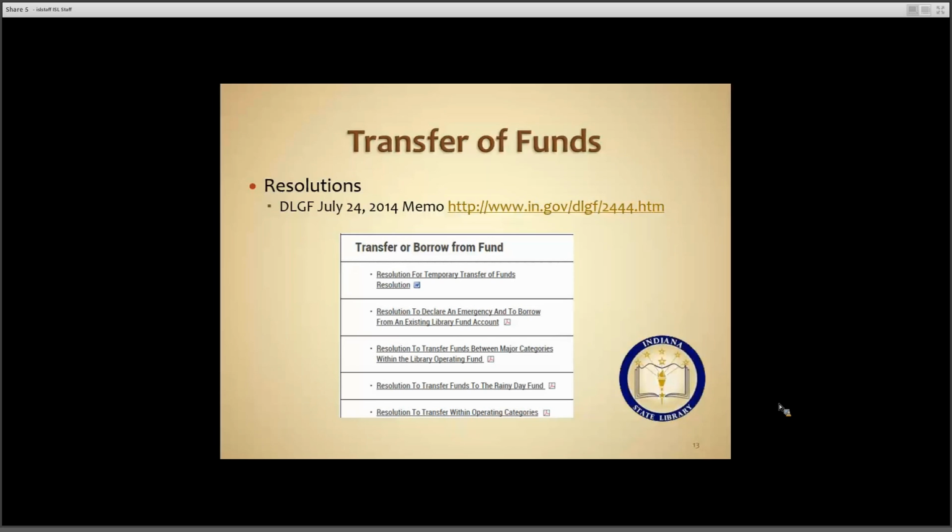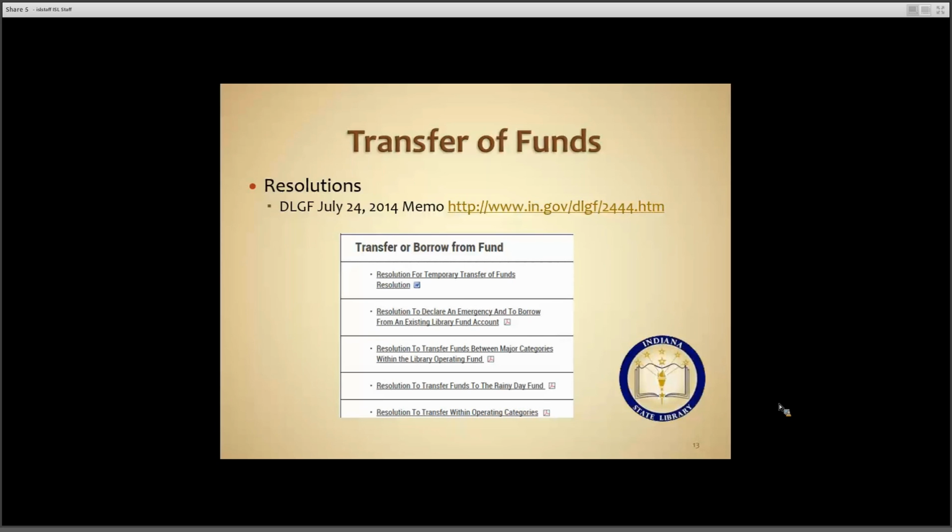This memo can be found on the DLGF website at http://www.in.gov/DLGF/2444.htm. Navigate to the year 2014, and there you will find in the list the July 24th, 2014 appropriation memo.